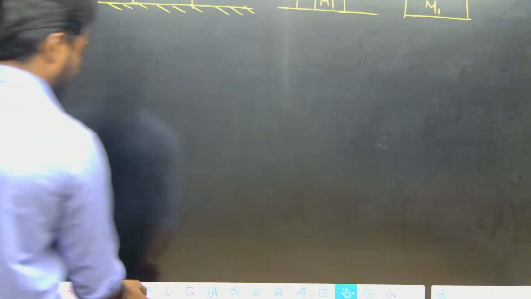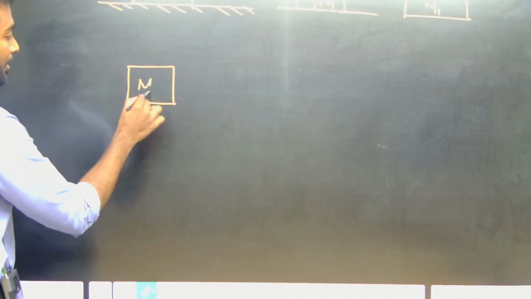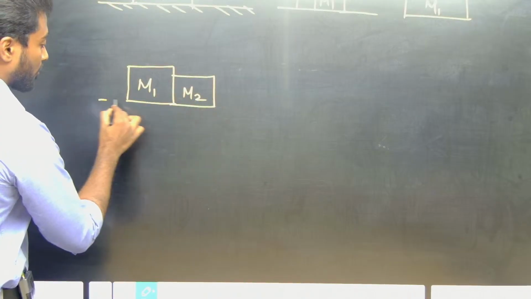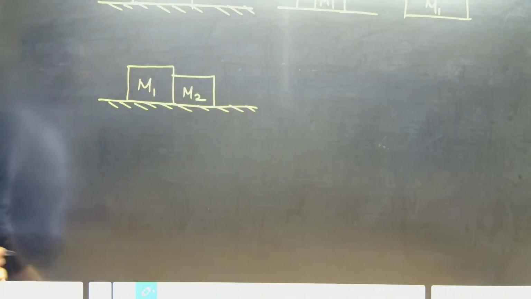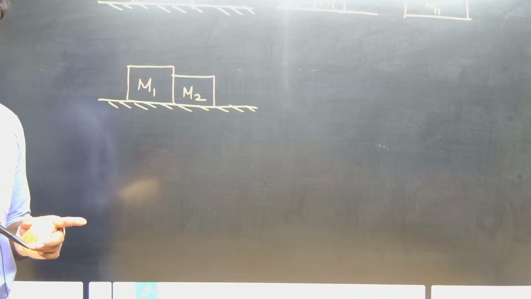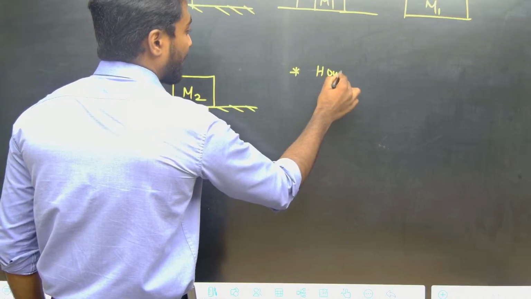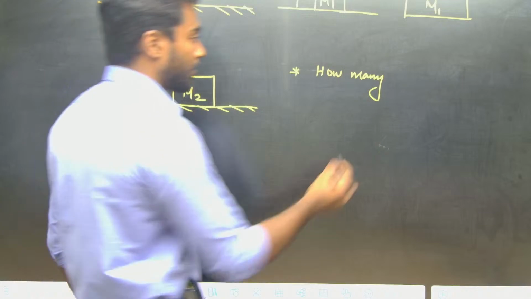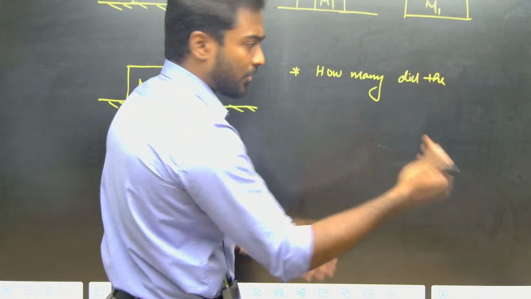This one is fine. What about this kind of surface, sir? A block is given like this, M1, and the other block is given like this, M2. This is my ground surface. How to draw this one? The first thing is, how many surfaces will the block have?